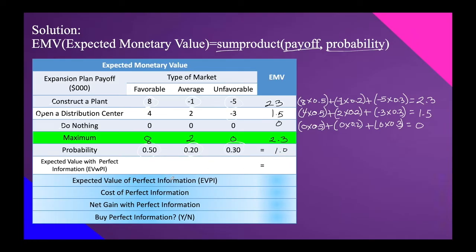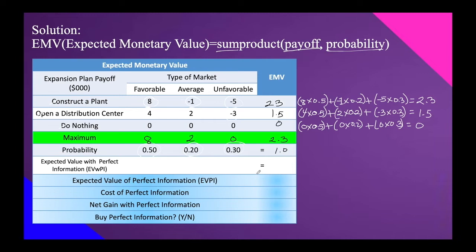So, EVWPI is the expected value with perfect information. Gaano ba kalaki yung expected value if ever nakuha namin yung perfect information na yon. And of course, may cost pa yun. Ima-minus pa natin yung cost diyan later on.